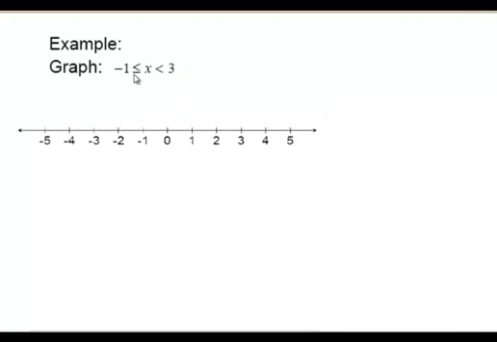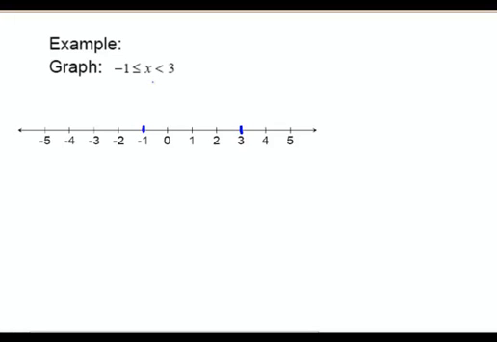In our last example, we're going to graph what's known as a double inequality. Notice it has two inequality symbols in it. So it's actually going to have 3 sections in the graph. Your endpoints are the -1 and the 3. So we're going to find those. So our -1 and our 3.